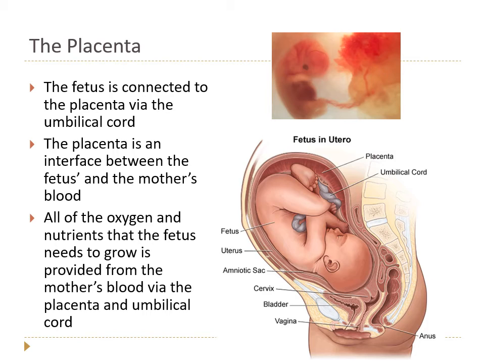In this upper image, we can see an embryo or early fetus here, and this is the placenta, and they are linked with the umbilical cord here. Your belly button, your umbilicus, is where your umbilical cord actually entered into your body, and it's in connection with blood vessels inside your body.